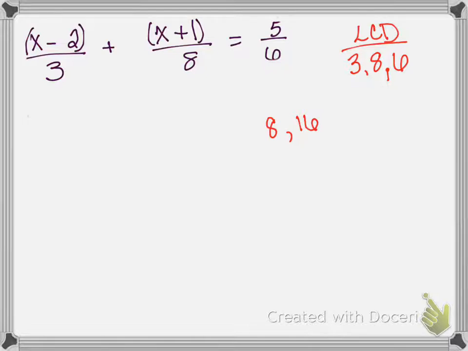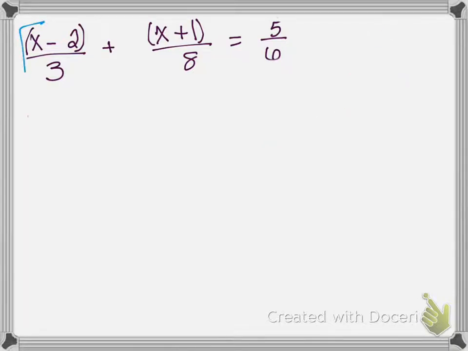No, neither one of them does. What's 3 times 8? 24. Do 3 and 6 go into 24? Yes. So if you start writing out the multiples of one of the numbers, that's a good way to figure out your least common denominator, because you want to work with as small a number as you can.